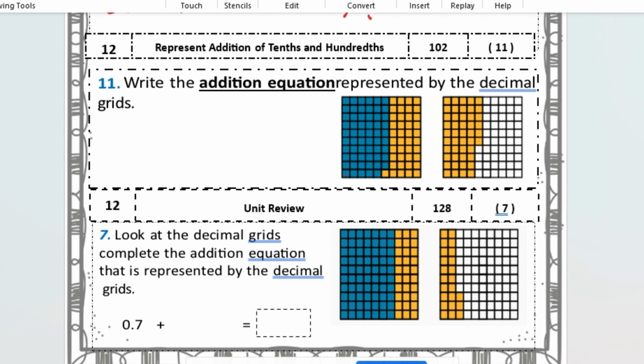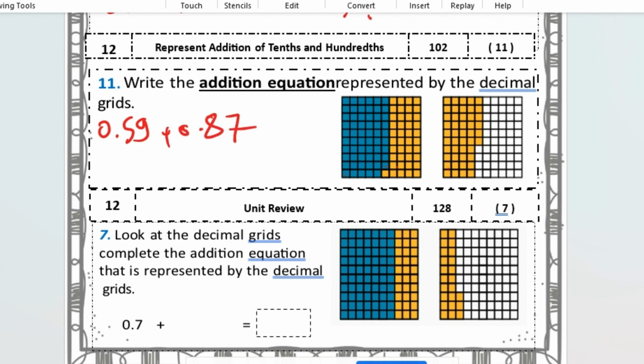So how many do you have? 1 2 3. Remember, each small square is 1 over 100 or 0.01. So we have 1 2 3 4 5, 1 2 3 4 5 6 7 8 9. So we have 0.59 plus, you have 1 2 3 4 5 6 7 8 and 87, 0.87.